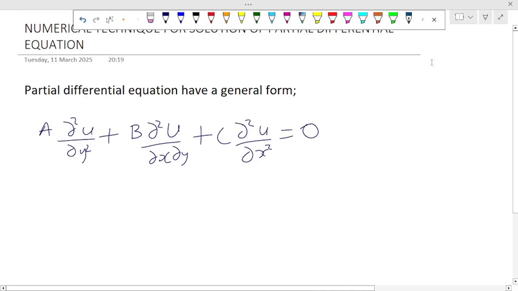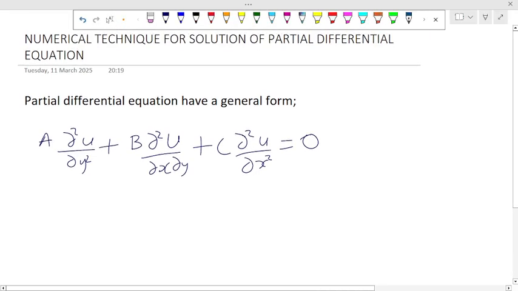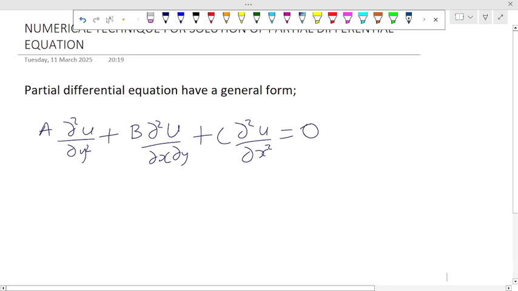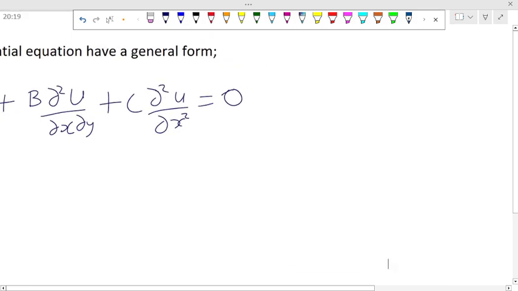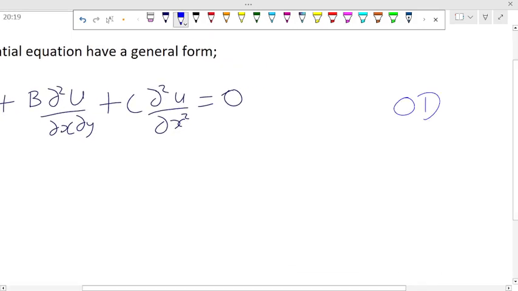So in this video we'll be talking about numerical techniques for solution of partial differential equations. In the previous videos we've been talking about ODE, that's ordinary differential equations, and this time we'll be talking about PDE, partial differential equations.